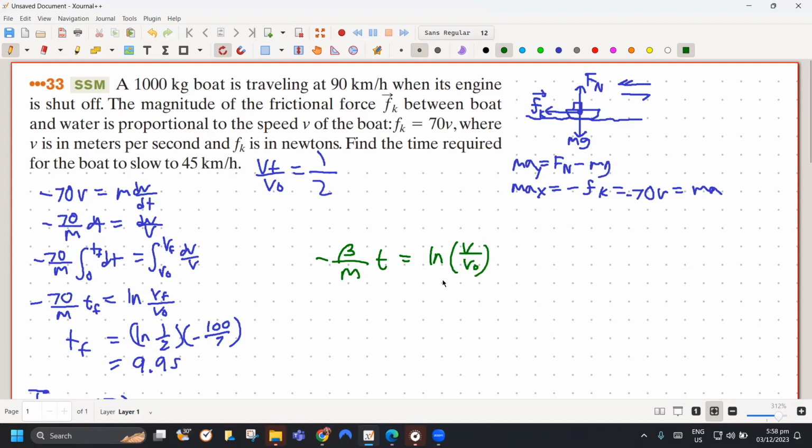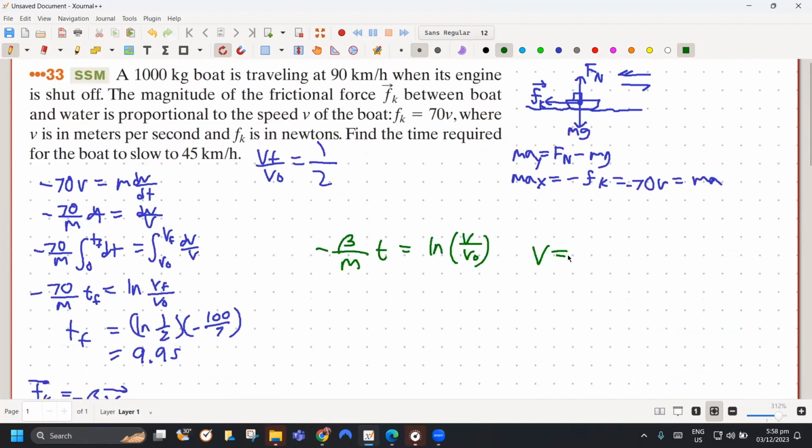So v is an arbitrary velocity at a later time t, where t is the time. Now, what's v in terms of t? So v is equal to... What if the time is given, and we want to know the velocity? Do you know v naught? We know the initial velocity.